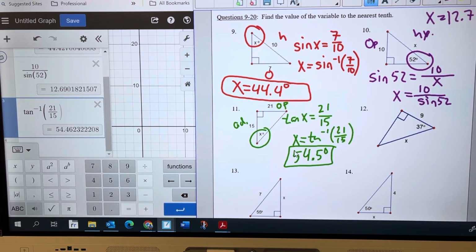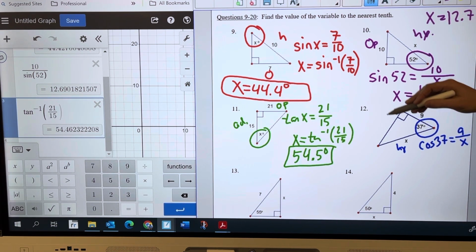In number 12, we've got our right angle, we've got our angle that we're focusing on right there. This is our adjacent, this is our hypotenuse, so that's cosine. So I know cosine 37 is equal to adjacent over the hypotenuse x.